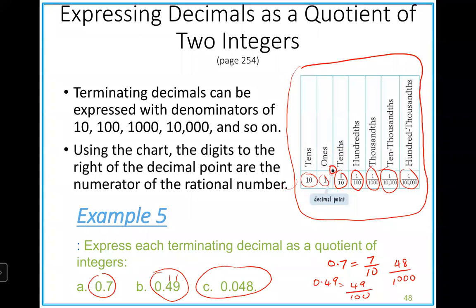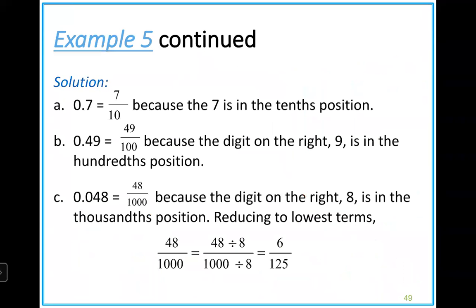Now, in some cases, we can simplify. So the first one was 0.7, which is 7 over 10, because 7 is in the tenths place. The second one is 49 over 100, because 9 is in the hundredths place. In the third case, it became 48 over 1,000, because the 8 was in the thousandths place. 48 over 1,000, though, can be reduced.